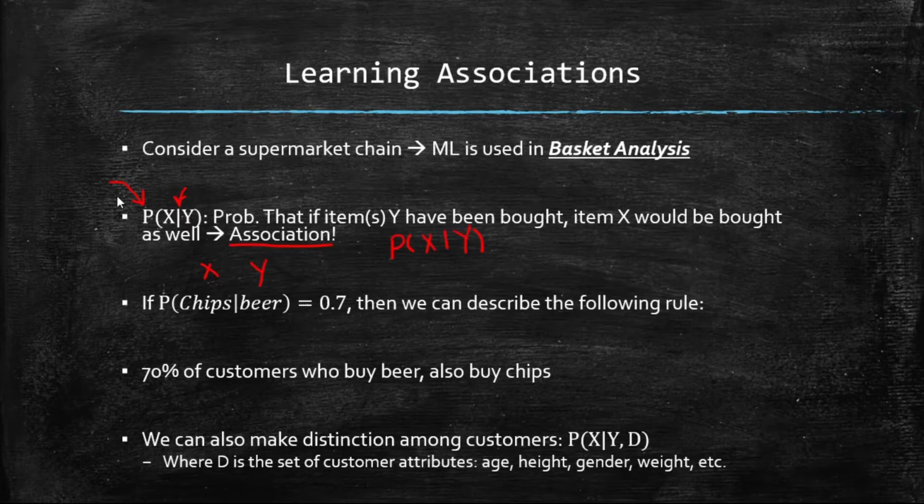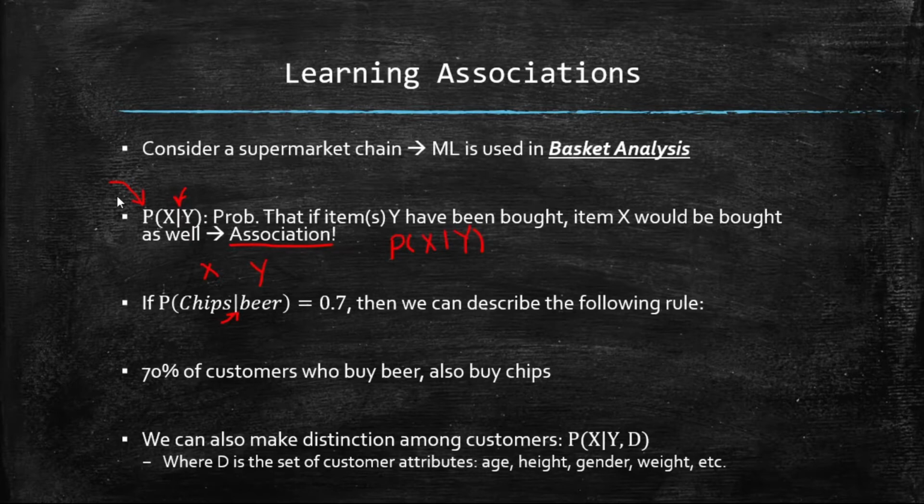So what is the probability of chips given, this vertical line is given, beer, right? Say you come up with this number magically, 0.7, right? So the way you read it is that the probability of chips given beer is 0.7.